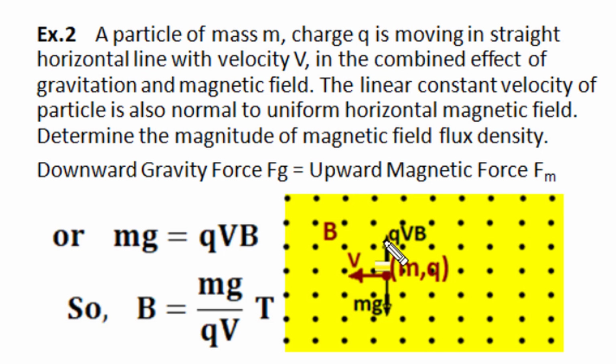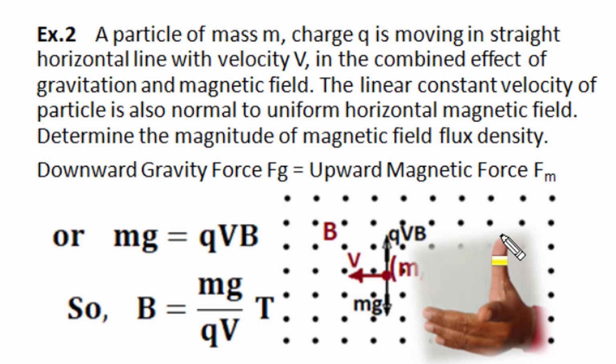Now to produce upward magnetic force, if the thumb, forefinger and middle finger are stretched mutually perpendicular to each other as shown here, the thumb indicates the vertical upward direction of magnetic force qvB for a 90 degree angle between velocity vector and magnetic field, and the middle finger indicates the direction of motion of positive charge.